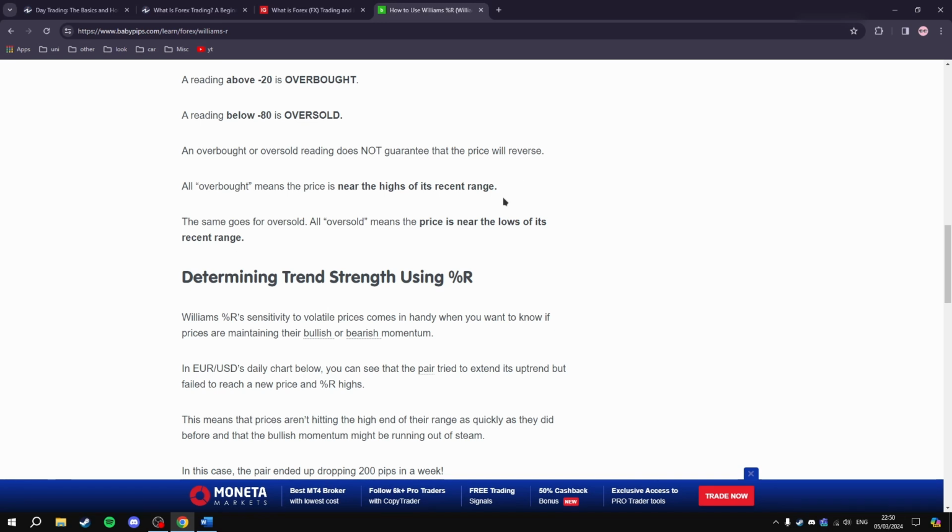The same goes for oversold. What does oversold mean though? Overbought means there's too many people buying it, but that's not enough for it to go around. Oversold means too many people selling it, and there's not enough for it to go around.